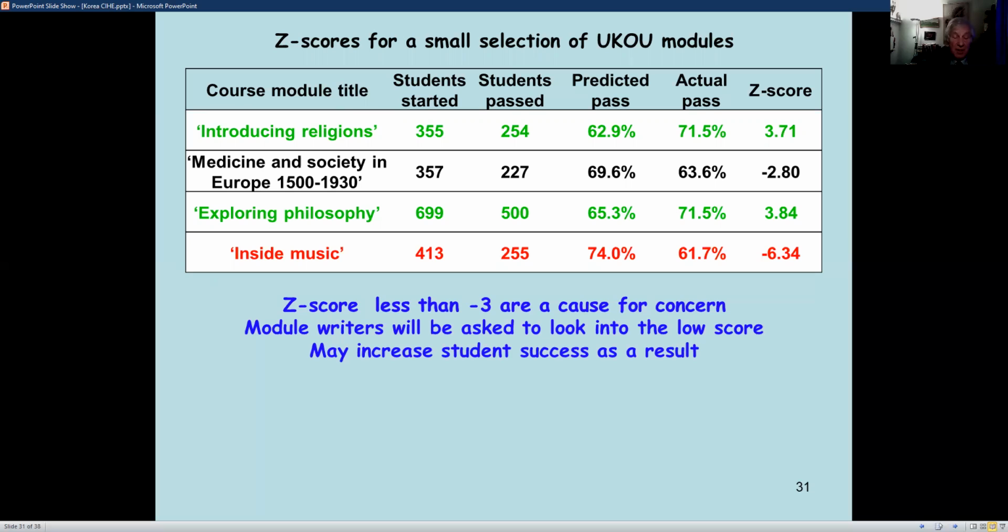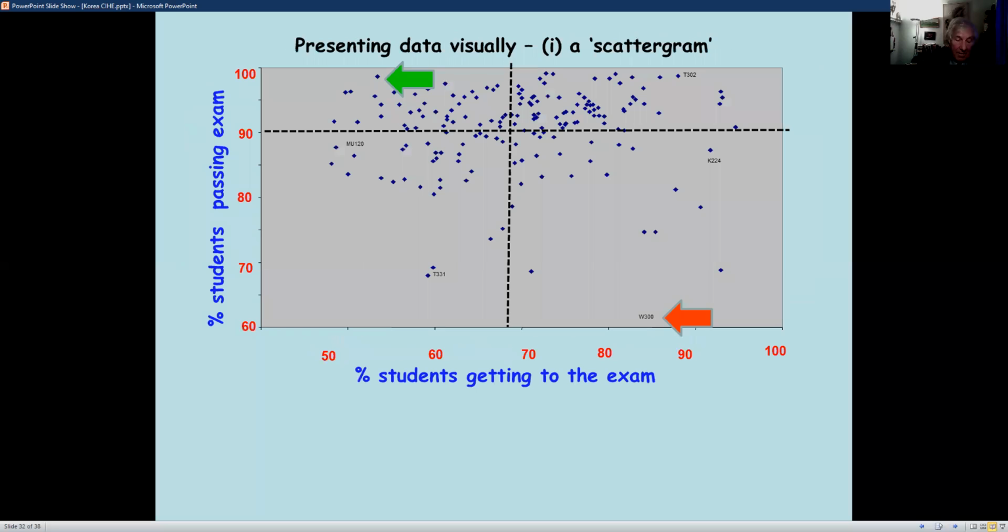So far my examples have been about analyzing data statistically. But presenting data visually can also help. Here are 3 examples of the visual presentation of data. My first example is of a scattergram.